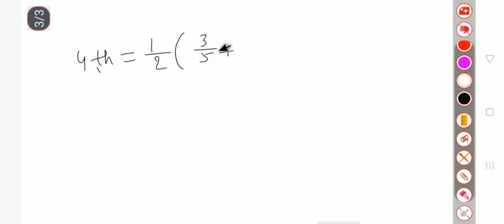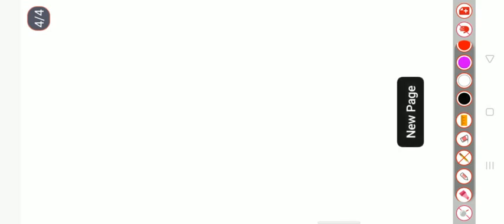Let us look at the previous page. What did we get on the previous page? 25 upon... What was the previous part? Just 1 second.